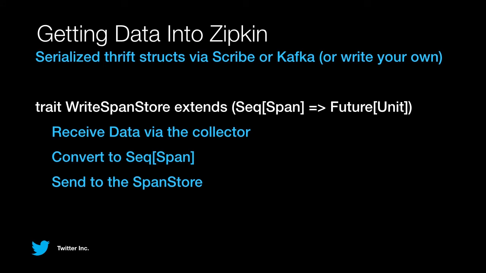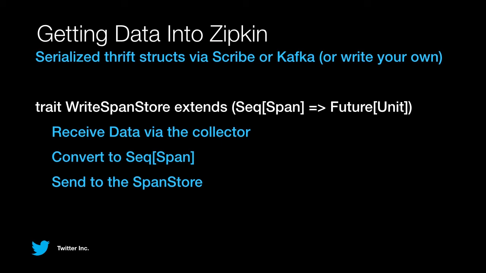Getting data into Zipkin, like I said before, right now it's all serialized Thrift structures. There's an idea to do a JSON ingester or a JSON receiver, so you could just send it JSON, or whatever else. As long as on the other end, you can see the trait WriteSpanStore extends Seq[Span] => Future[Unit].